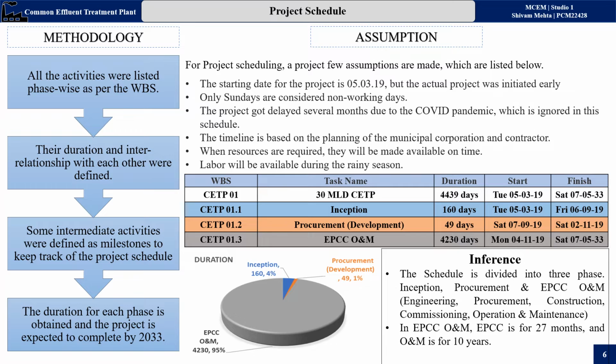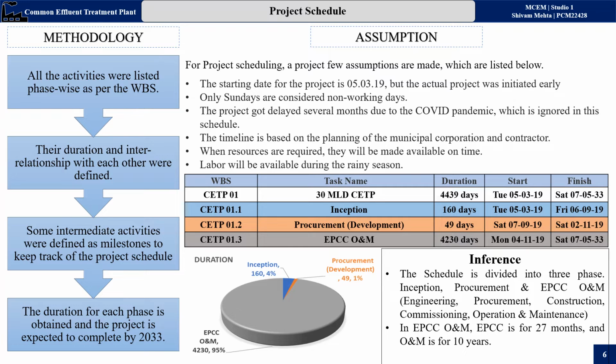The project got delayed by several months due to the COVID pandemic, which has been ignored in this schedule. The timeline is based on planning of the municipal corporation and contractor. When resources are required, they will be made available on time, and labor will be available during the rainy season as well.